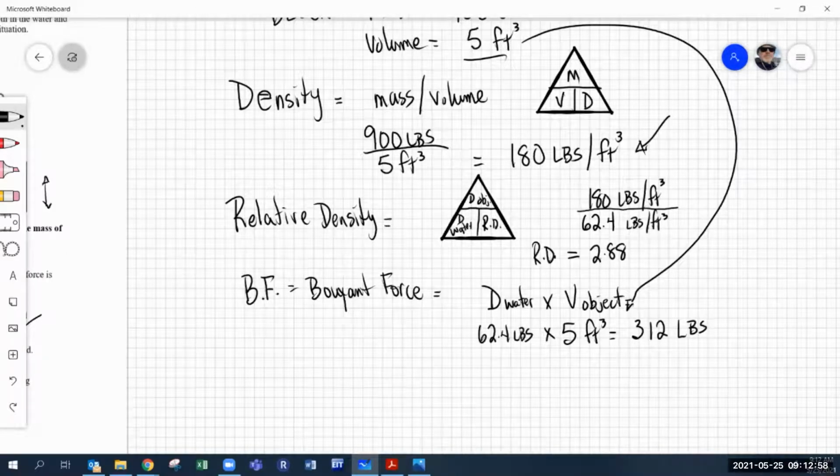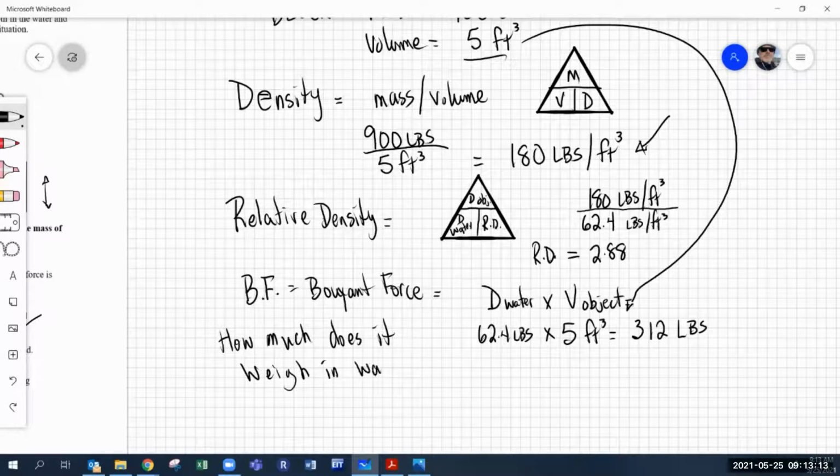And the next question I could ask you is, how much does this object weigh in water? I know this object from before weighs 900 pounds, and I subtract the buoyant force from it.